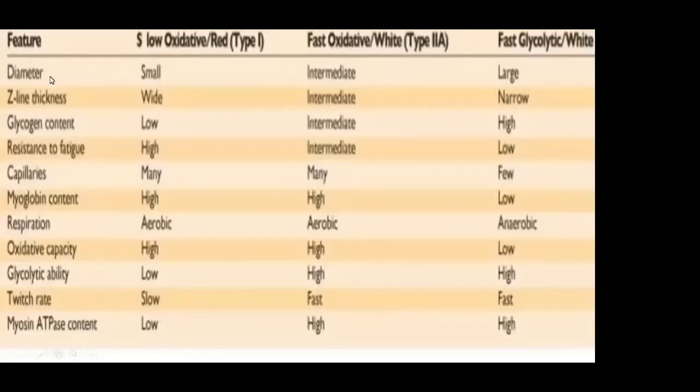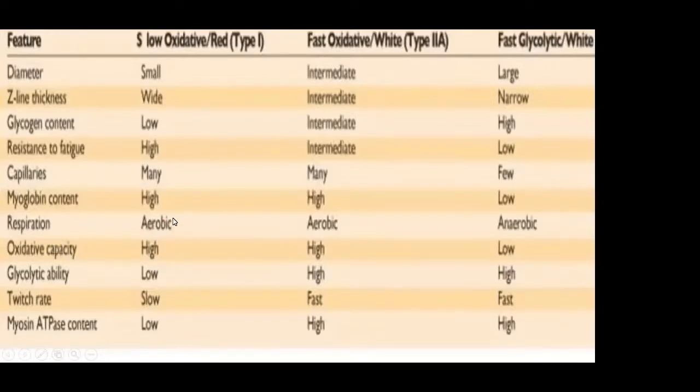Now let's see the differences. Diameter of the slow fibers is small. The fast oxidative fibers are intermediate in size and the fast glycolytic easily fatigable fibers are large in size. The slow fibers are highly resistant to fatigue, the fast oxidative have intermediate resistance, and the fast glycolytic have low resistance to fatigue.